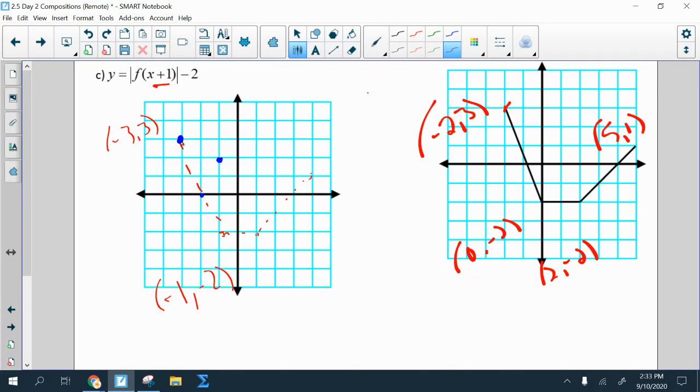This point stays at 0. And then now this point comes up here. This point stays at 0. Okay, and here we are. And then you want to take that whole thing and shift it down 2. So the green graph is my final graph.